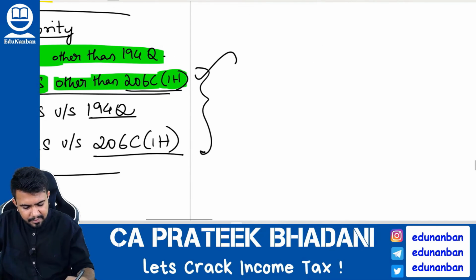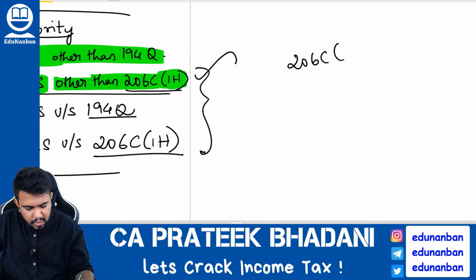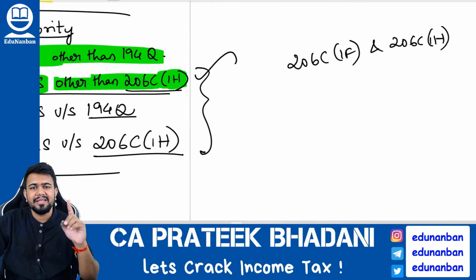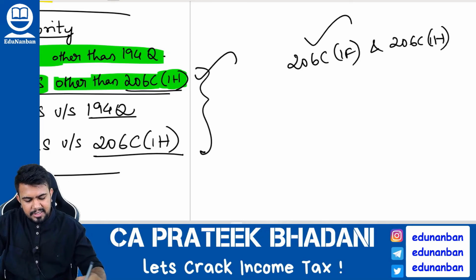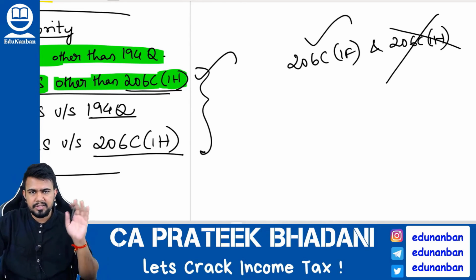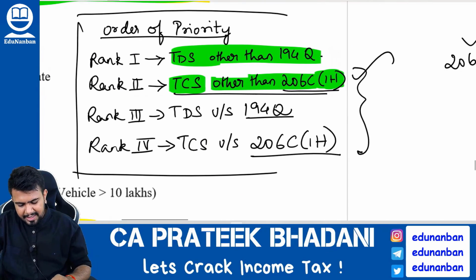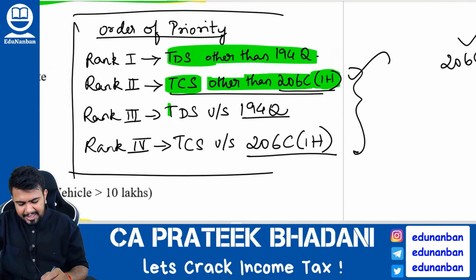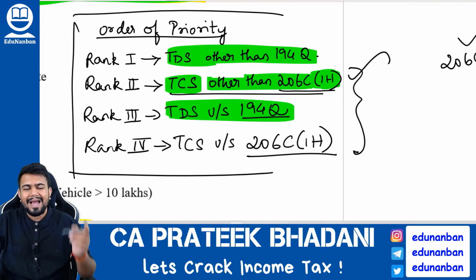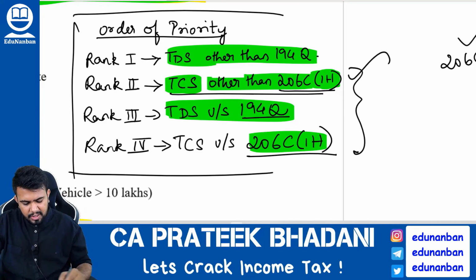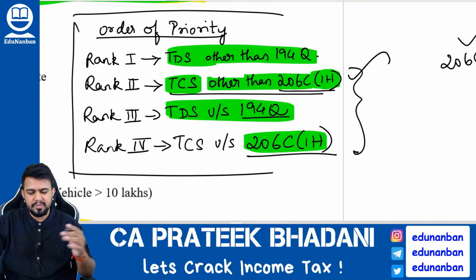Okay, so for example, 206C 1F and 206C 1H are applicable on the same transaction, then which one you will consider? You should consider this, you should not consider this. You get my point? Next, rank 3 will be given to TDS under section 194Q and rank 4 will be given to 206C 1H, which is last priority.